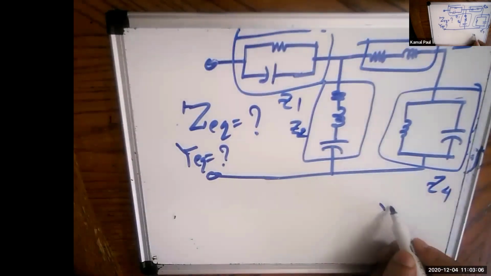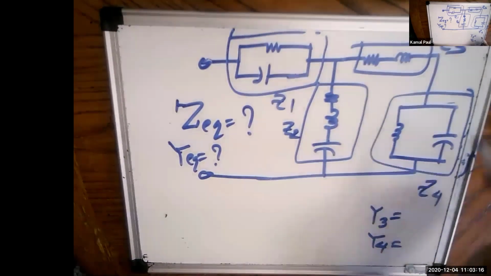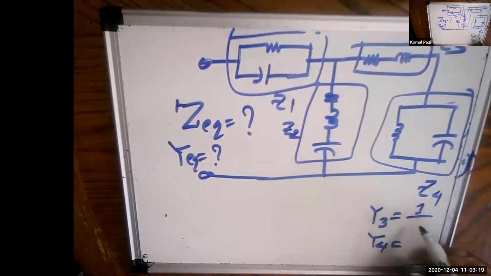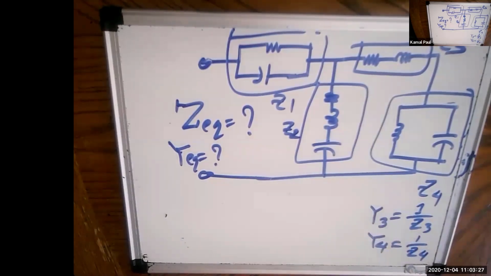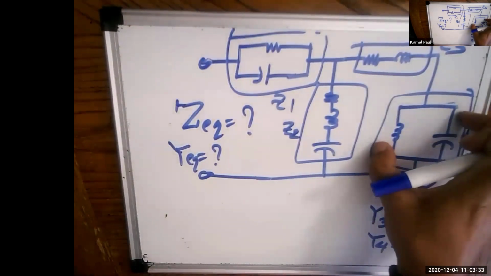Now, even if you are asked to find out what is the value of Y3, what is the value of Y4, always the easiest thing is to find out Z3 first and then invert it this way to get the admittance.